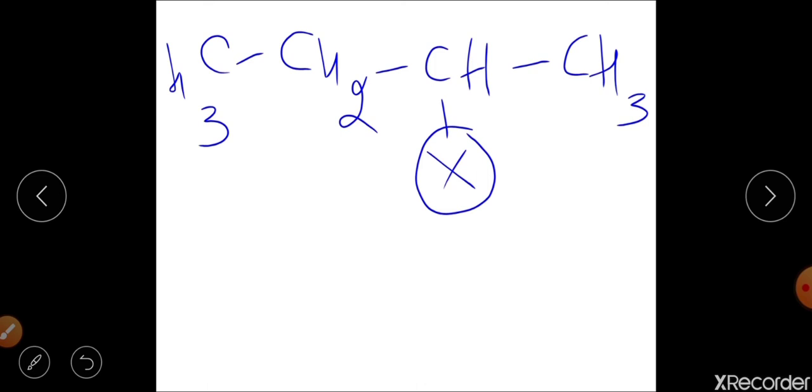Now you can see that this is the leaving group X, and this is the carbon which is bearing hydrogen, and this is again a carbon which is bearing hydrogen. So hydrogen can be eliminated from this carbon, as well as from this carbon. Now two products will be synthesized from this particular substrate. And what are these two products?